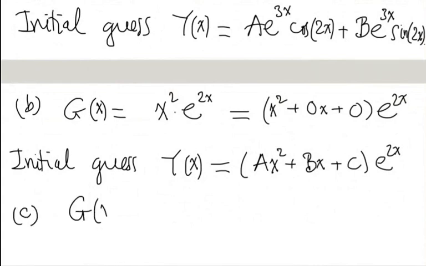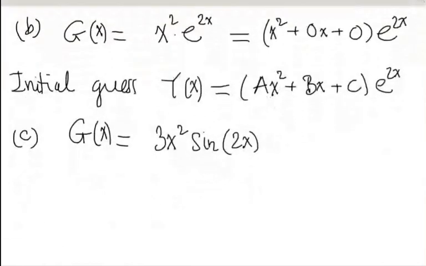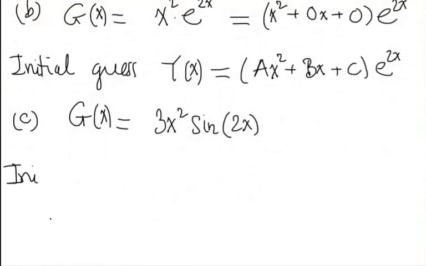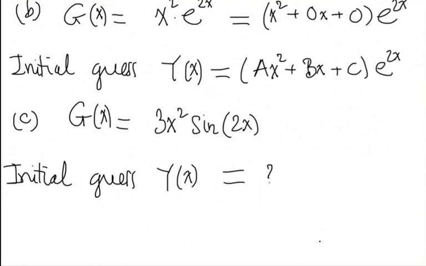Now, if we have something like 3x squared sine of 2x, then what should be our initial guess? You may pause the video and try to write it out yourself. It's a polynomial.